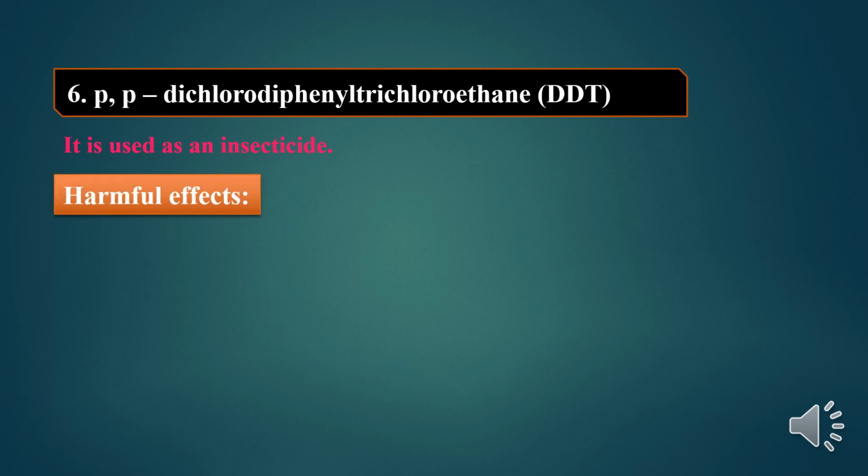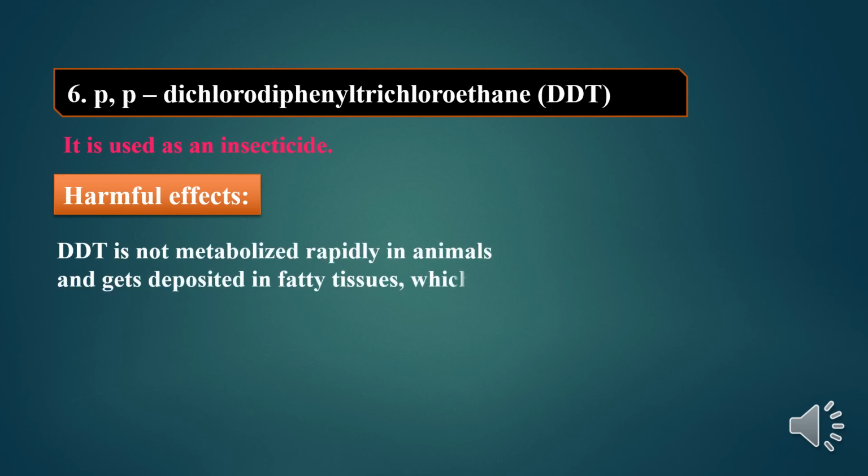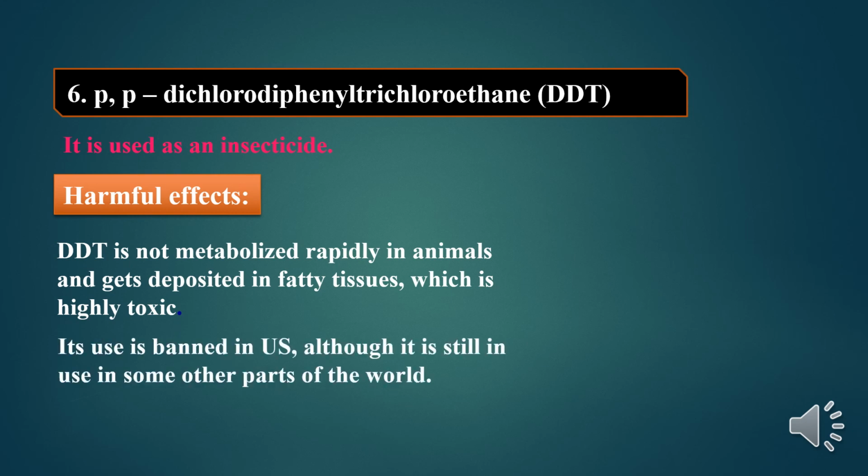The harmful effect of DDT is that it is not metabolized rapidly in animals and gets deposited in fatty tissues, which is highly toxic. Its use is banned in the United States.